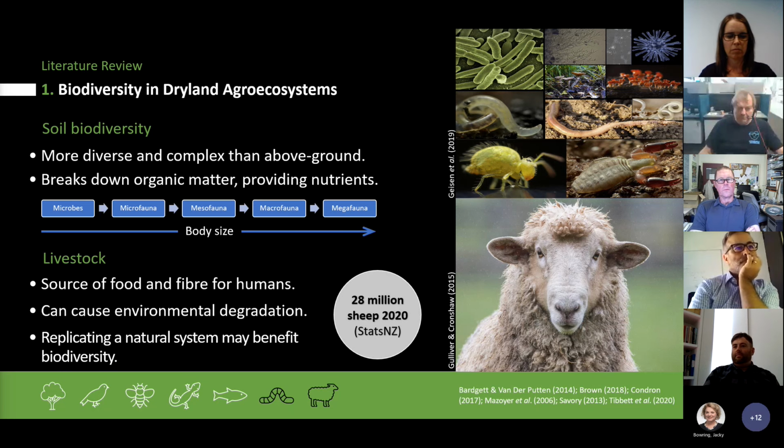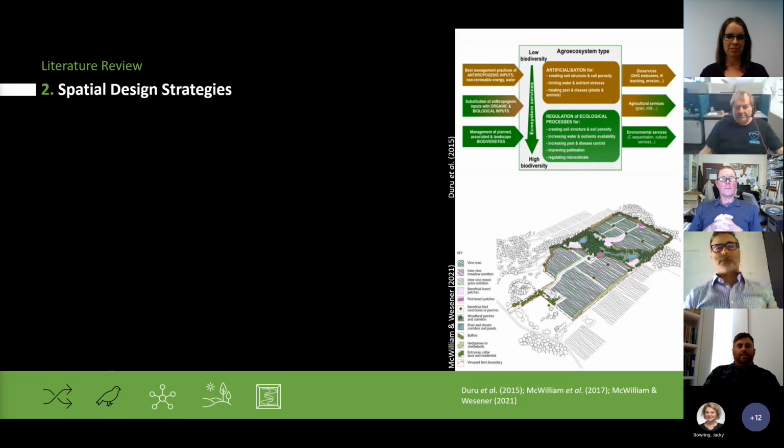And a fun fact for you to end the literature review on biodiversity: there's 28 million sheep in New Zealand. So there you go. That's a huge decline from the early 1980s, 1982, when there were, I believe, over 70 million.